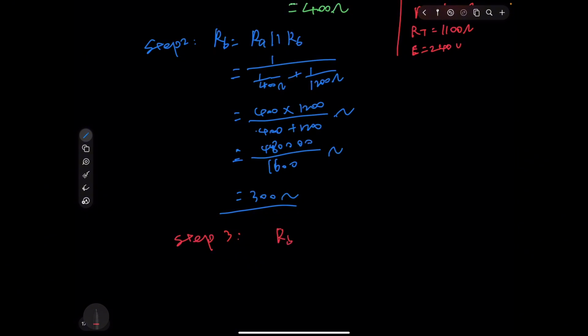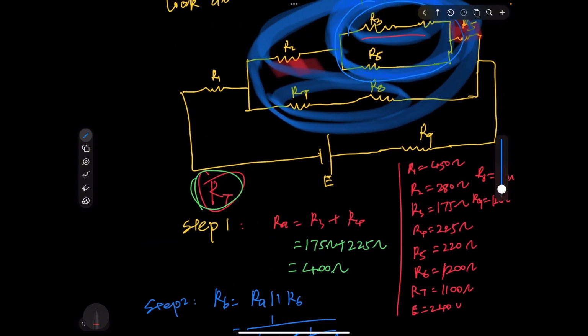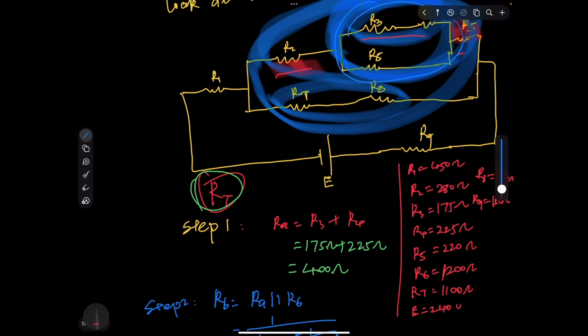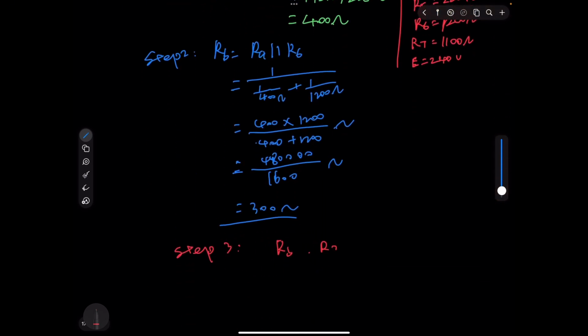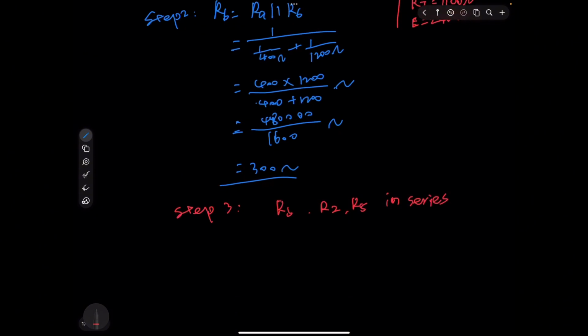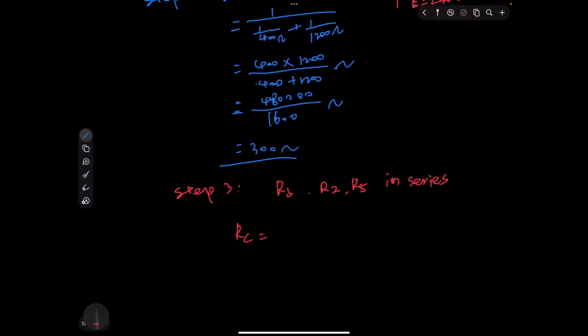RB and R2, R5 in series. So let's say it's RC equals RB. For series resistance, it's RB plus R2 plus R5.